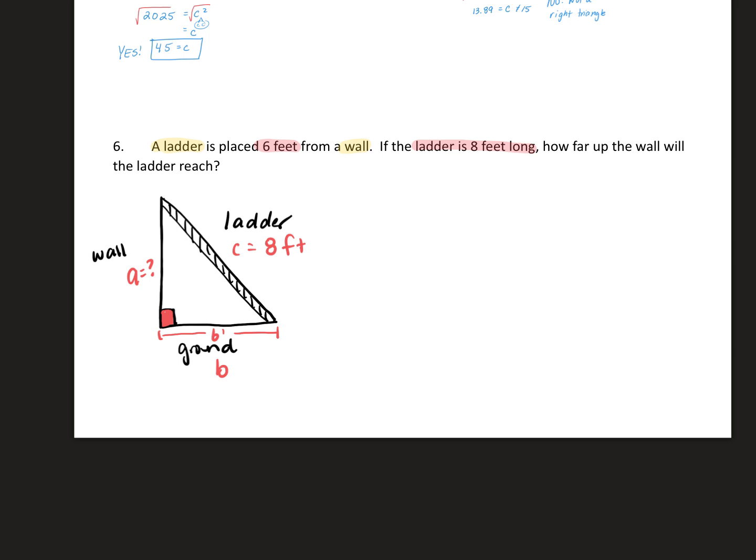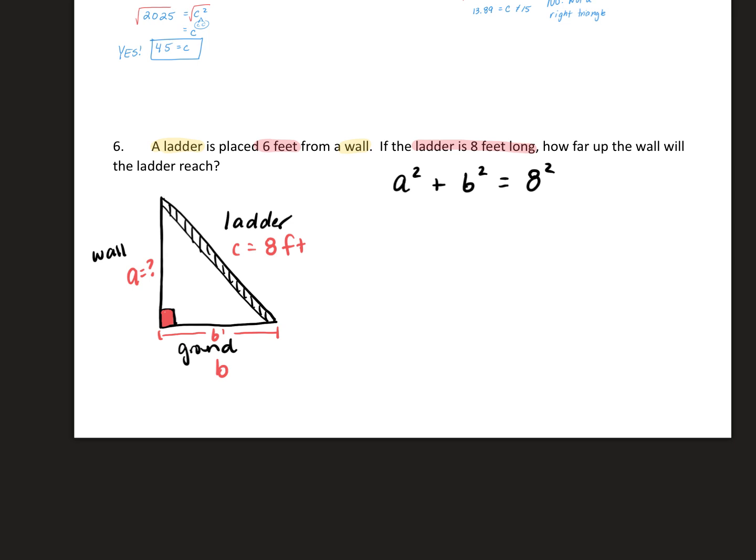Now that we know which parts of our triangle are what from our word problem, we can put those into a squared plus b squared is c squared. I don't know what a is, so I'm going to leave it as a squared plus, well, we're 6 feet from the wall, and our ladder, which we know is c, the longest thing, is 8 feet squared.